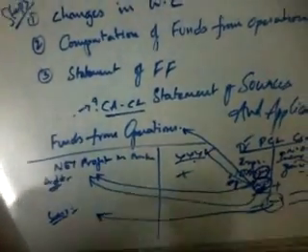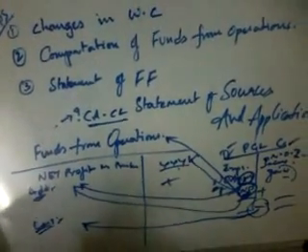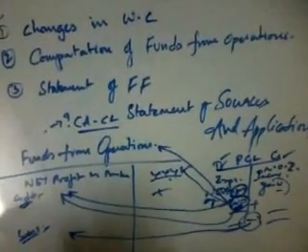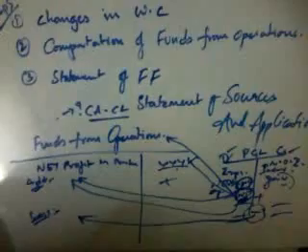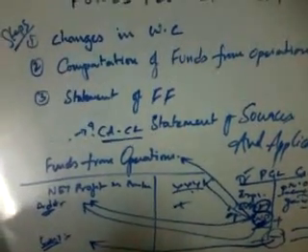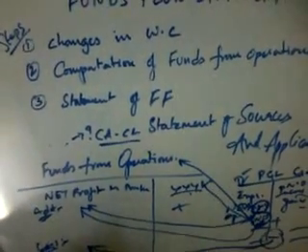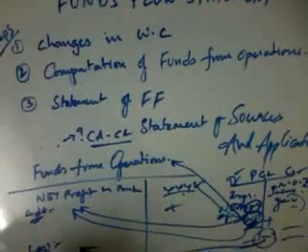So let us sum up. Funds from operations shows the profit which is derived by the operations of the business.